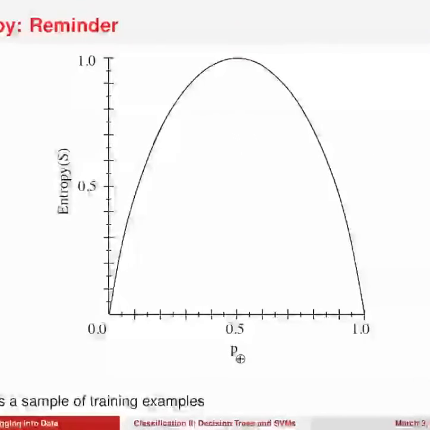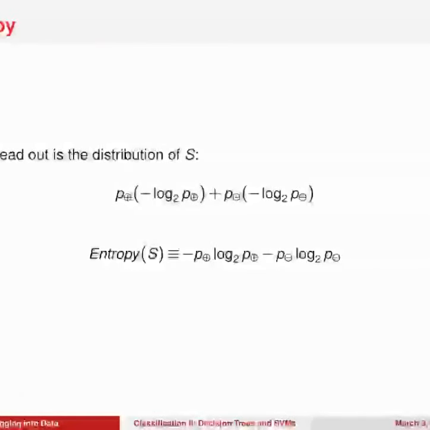If you have a binary label, then the entropy over the distribution of that label shows how chaotic this split of the dataset is. If you have a 50-50 balance, it has maximum entropy. If you have all of one label, then you have zero entropy. This is what it looks like graphically, and remember, this is what the equation looks like.